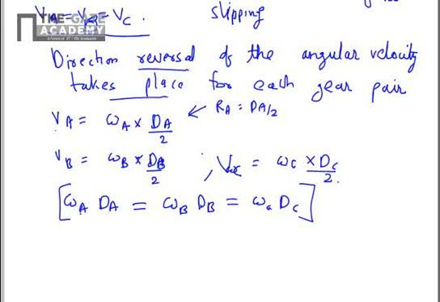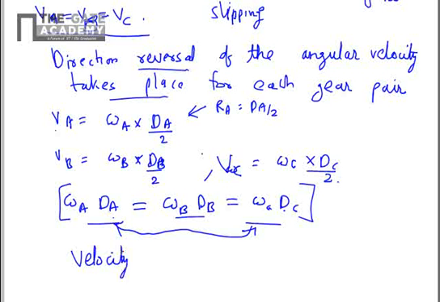So this is one condition. Hence we can correlate from input to output directly, without going into the details of the intermediate gears. If you know the pitch circle diameter of the output and the pitch circle diameter of the input, you can calculate the velocity ratio.